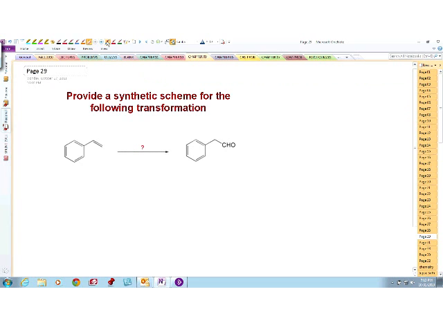No, not the mechanism. Give me the synthetic scheme. The way I will ask you this, I say provide the synthetic scheme for the following transformation. Nobody's asking you for mechanism. In other words, all of the reactions that you are going to use to take this compound to this compound.